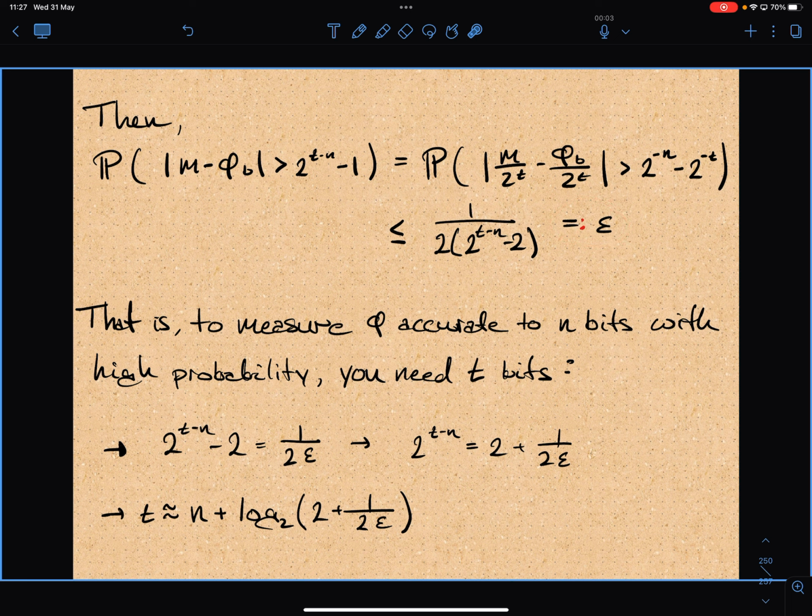So this is saying that the probability that we measure something far away from phi of b is bounded by this quantity.